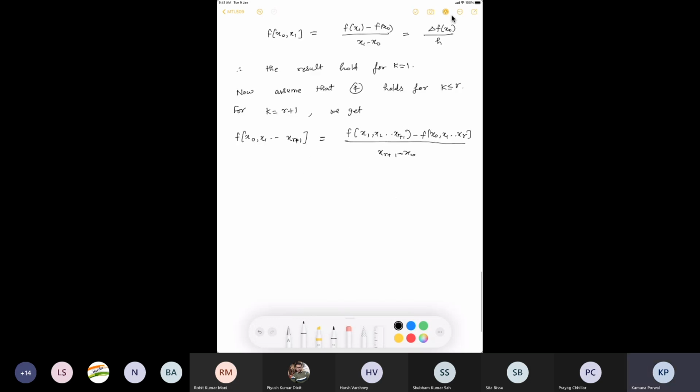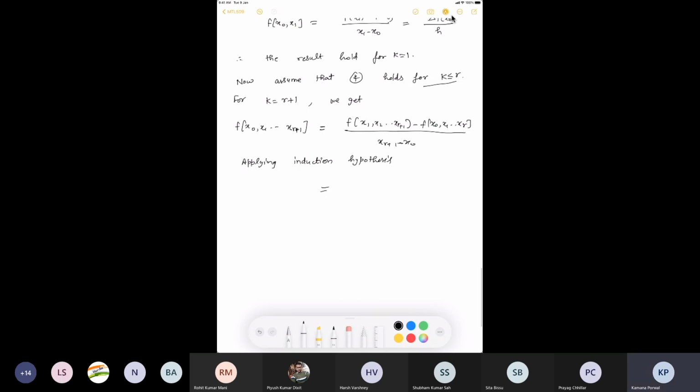Now what should we do? We are just going to use the induction hypothesis that the result holds for k less than or equal to r. Using that, what can we say this first term is going to be equal to?